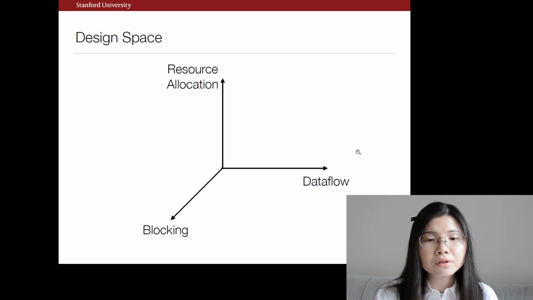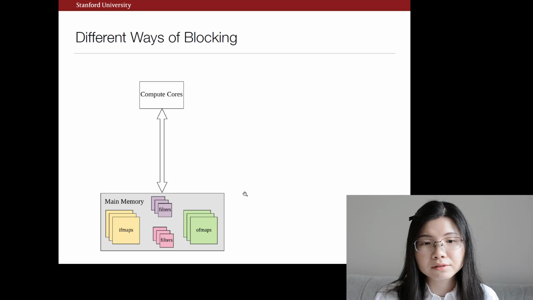We propose to describe this space as 3 dimensions: blocking, data flow, and resource allocation. We can decouple the resource allocation from the scheduling, which is the data flow blocking plane. We can study the impact of each dimension individually by this decoupling. Next, I'm going to go through each dimension in detail.